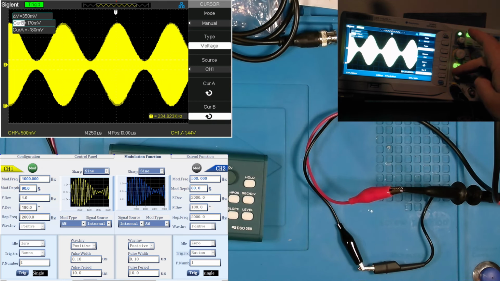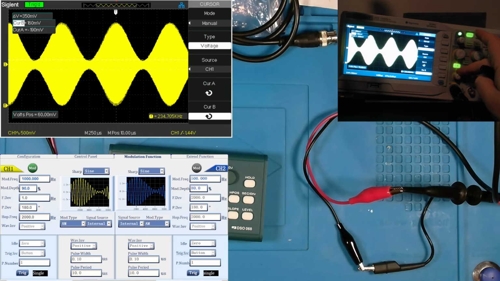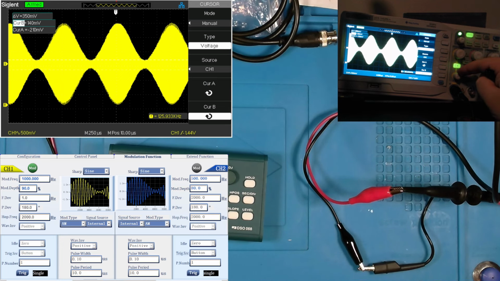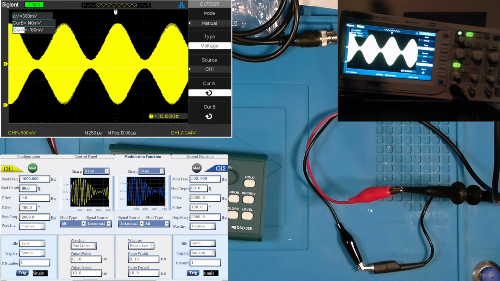I'll drop that down just a wee bit more. Oops. Always have a tendency to do that. Moving this knob, moving this one down here. So let me set this back up a wee bit better again. There we go. And our new delta is 300 millivolts.